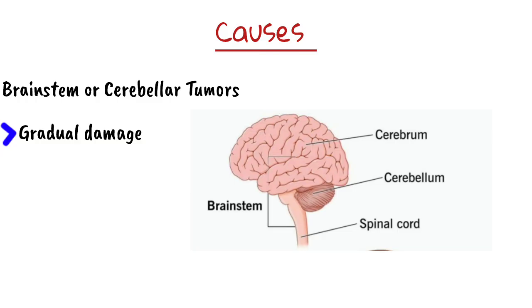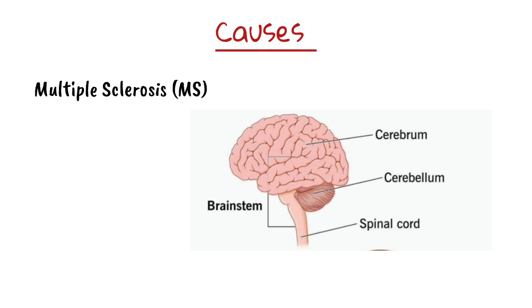Then, number three on the central causes is multiple sclerosis, also called MS. Multiple sclerosis can affect the brainstem or the cerebellum, leading to vertigo. Vertigo in multiple sclerosis usually occurs as part of the relapsing-remitting pattern.